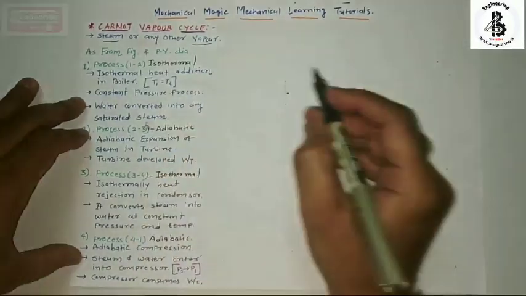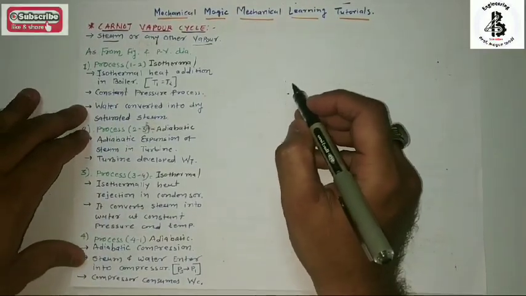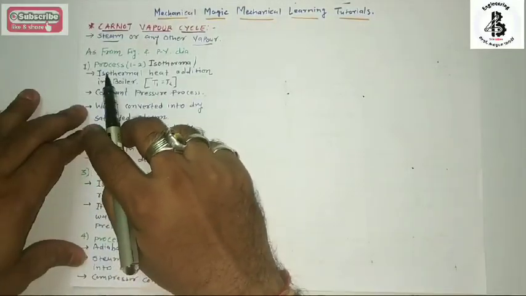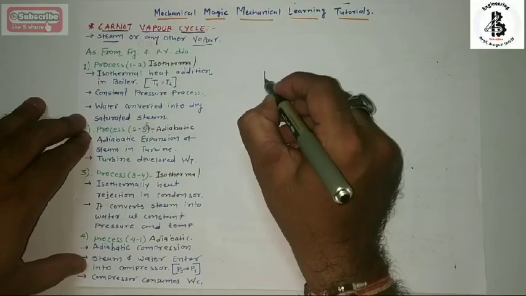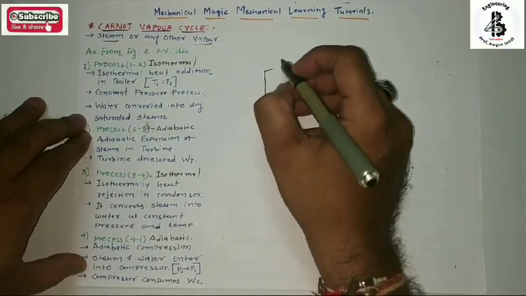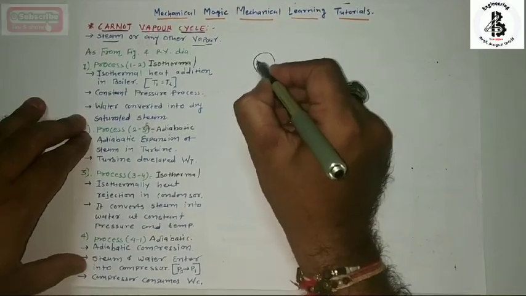So from the figure, or you can say the process for the Carnot cycle, like this. Here one kind of boiler is being used.